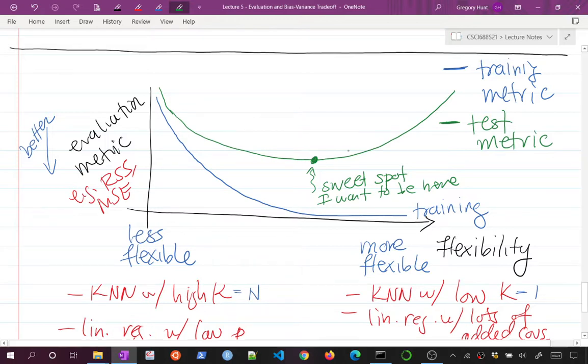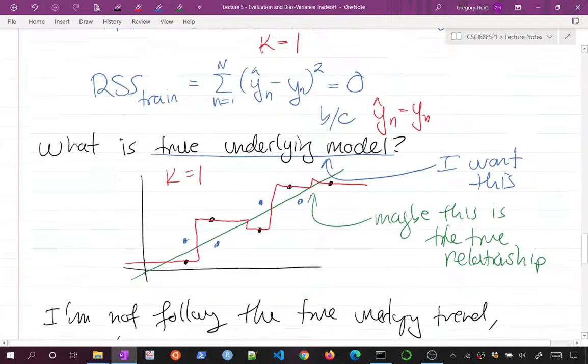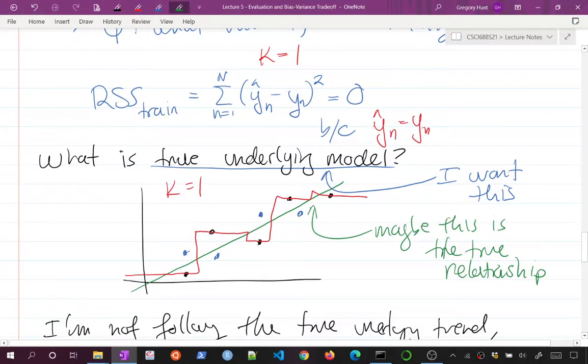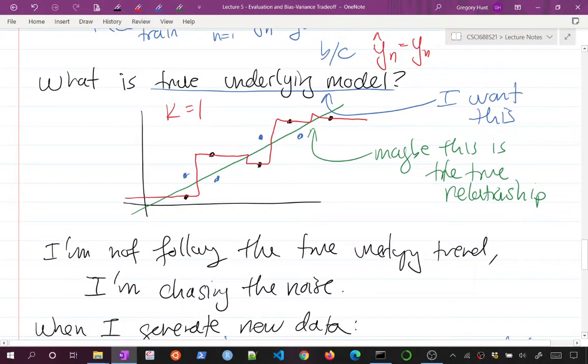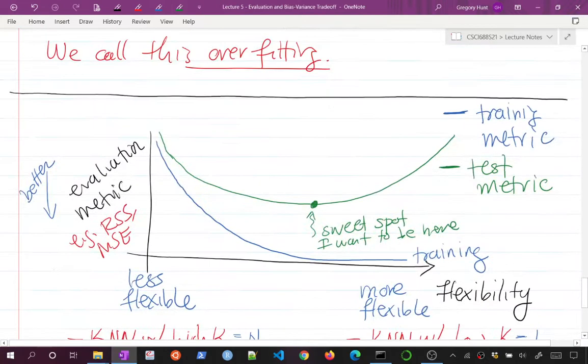But if I start having too flexible a model, I might get into this regime where I start what we're calling overfitting, where instead of the underlying true model, I'm just going to start chasing the noise. The training error is still going to keep decreasing, because it's kind of a circular argument. But for test data, our performance will actually start to degrade. We will have a worse evaluated metric there, and so it'll actually start to increase again.